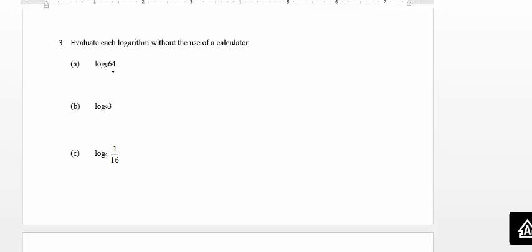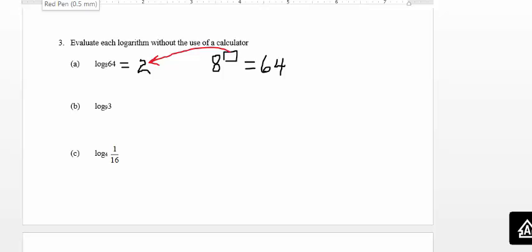So in the first one, the base 8 log of 64 is the exponent I apply to 8 to get 64. So that exponent is 2. So notice 8 to the second power is equal to 64. So that's why that logarithm is equal to 2.